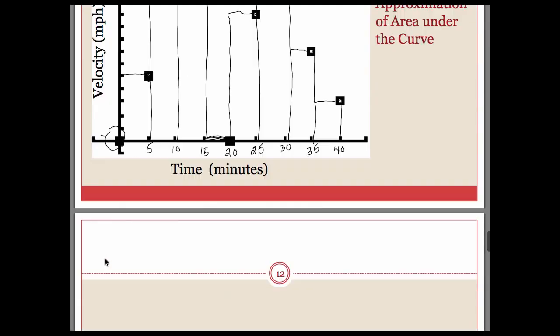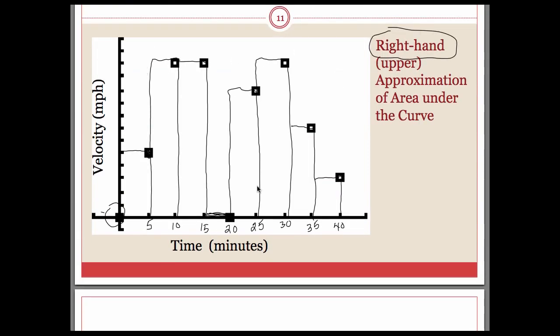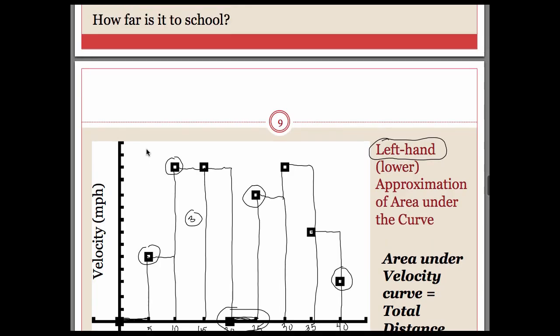All right, so let's get started. We're finding once again an approximation of the total distance traveled. All right, so first one with 0.083. The height of that first one is going to correspond right here to the velocity Mrs. DeConti was going at 5 minutes. We have to go back to our table.